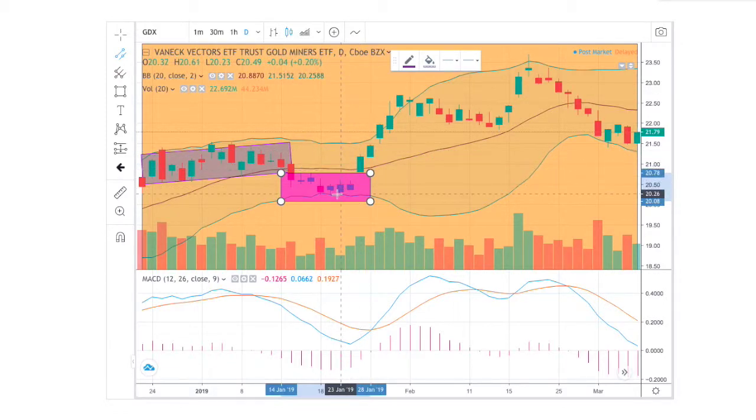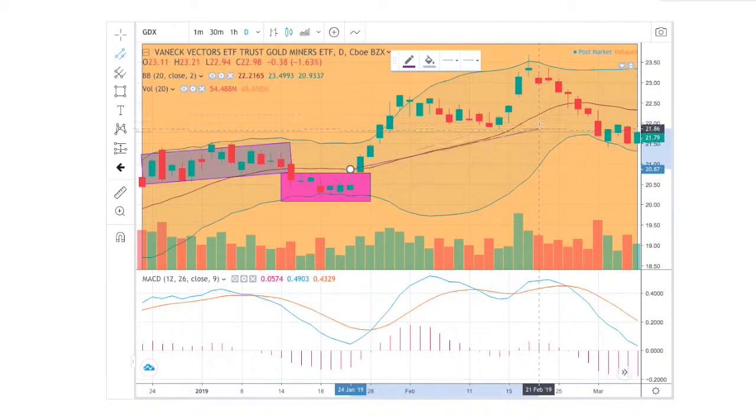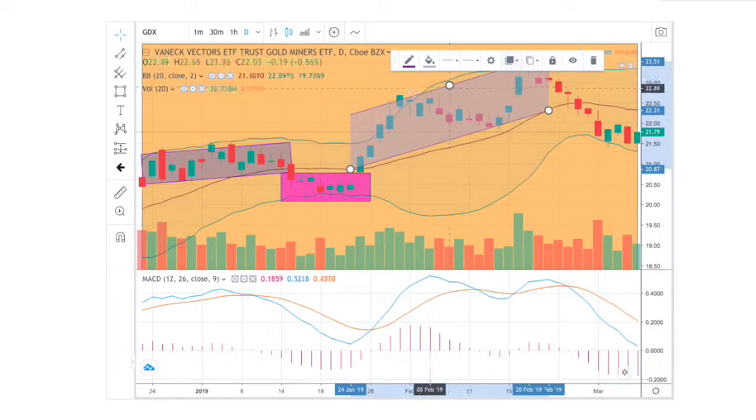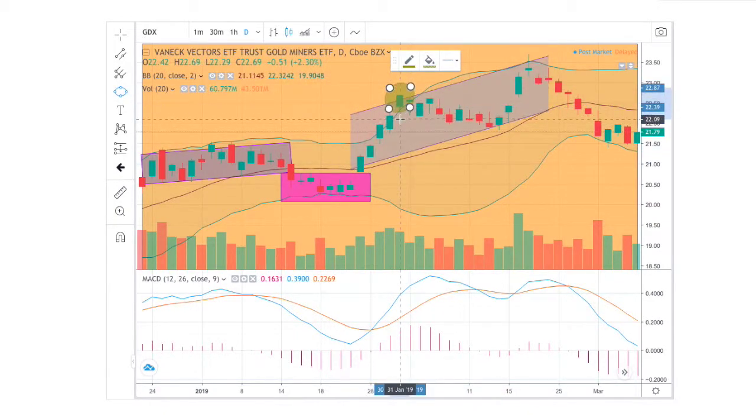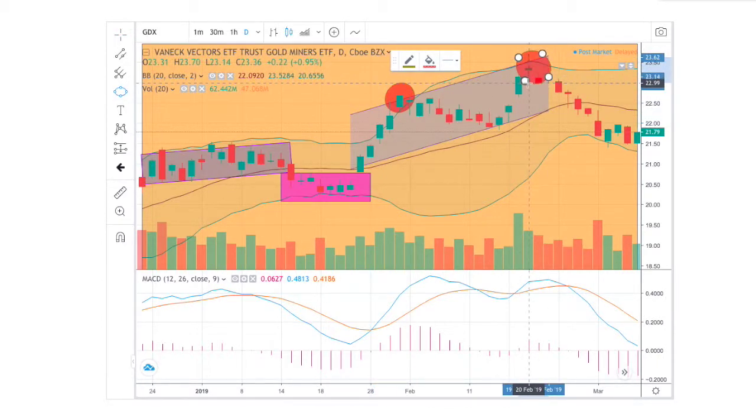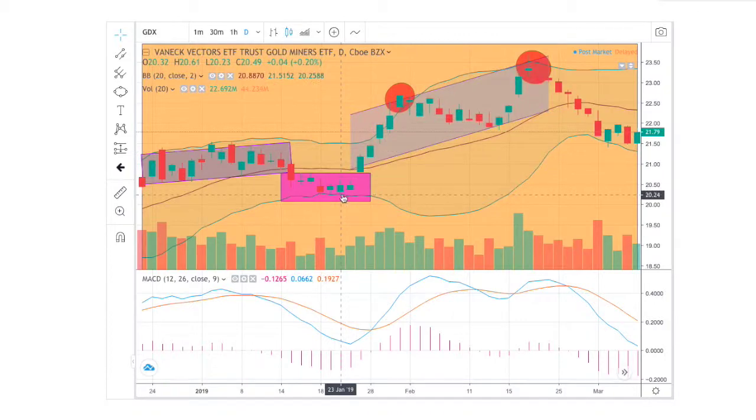So right after it finishes off, it gains strength, going above the upper Bollinger Band twice. You have that here, make this red, and another circle here as well. So bottom Bollinger Band all the way to upper Bollinger Band twice.